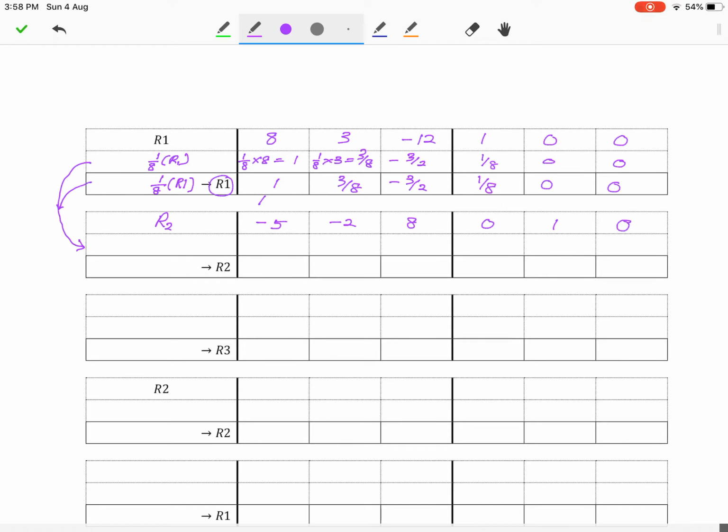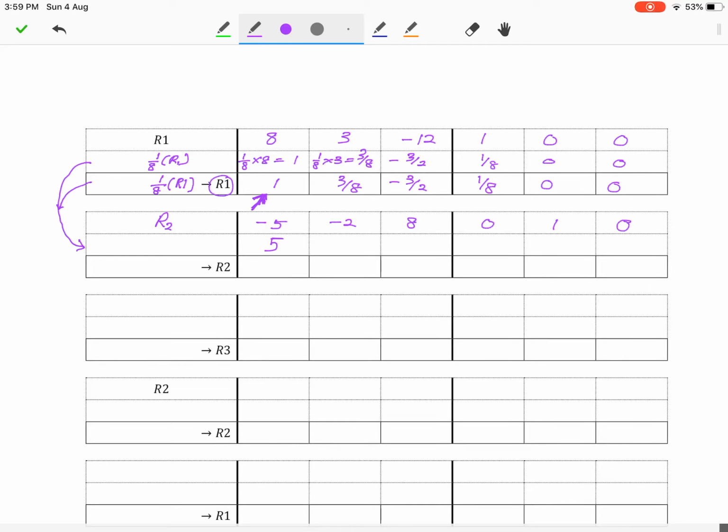If you look here, the value is 1. So negative 5 plus 5 will give you 0. So technically you want 5 to be here, but it must come from 1.